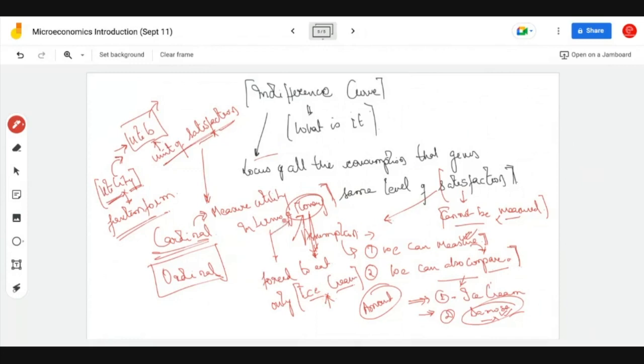But money has the property of buying other things. Therefore, irrespective of the amount of money we get, we'll never be unhappy. We can always think of getting more and more money. So this is the problem with money, and this is why we say money has no utility. Again, this is an assumption, and it might not be true in the real world, so we have to remember this point also.